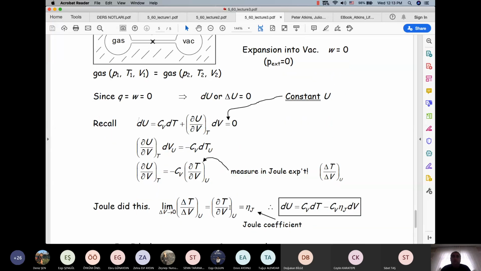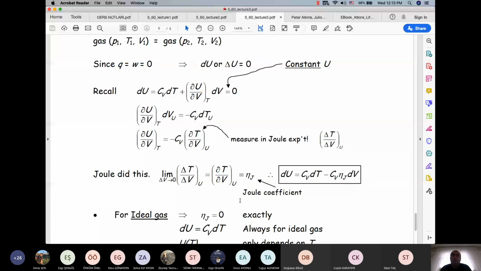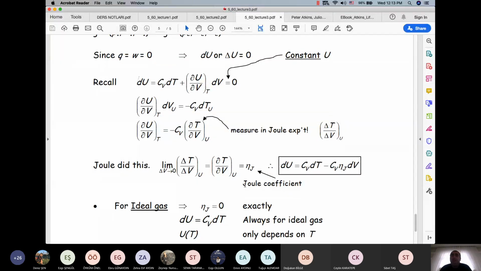Actually, Joule did this experiment and found that the temperature change by volume change was so small that he thought it is 0. But in real life, the result is not 0. For ideal gases, the Joule coefficient, as we call it today, is exactly 0.